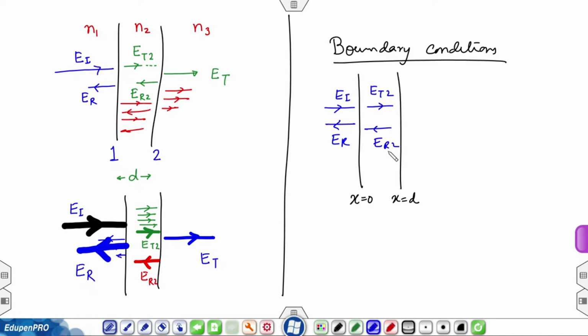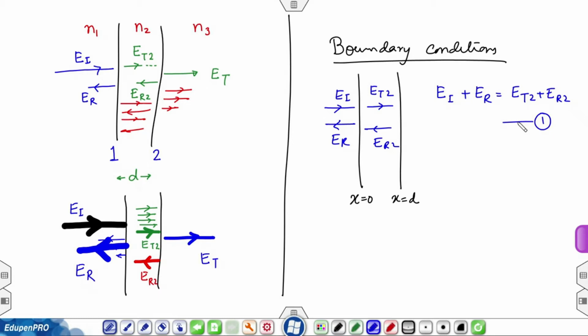So, the equation is going to be EI0, the amplitude that is understood, plus ER is equal to ET2 plus ER2. That is my equation number 1.